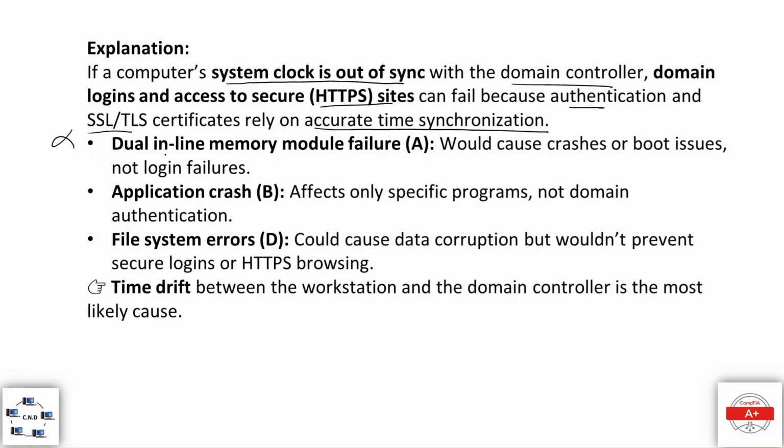The incorrect options: dual inline memory module failure would cause crashes or boot issues but not login failures. Application crash affects only specific programs, not domain authentication, and file system errors could cause data corruption but would not prevent secure logins or HTTPS browsing. So time drift between the workstation and the domain controller is the most likely cause.